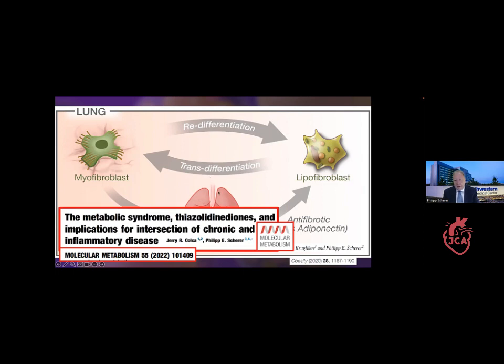And we've played in the past around with critical stabilizing factors. The determinant for a terminal fat cell is, of course, PPAR gamma, and we have anti-diabetic agents in the form of thiazolidinediones that can actually stabilize this state, or force a myofibroblast back into a fully differentiated lipofibroblast.